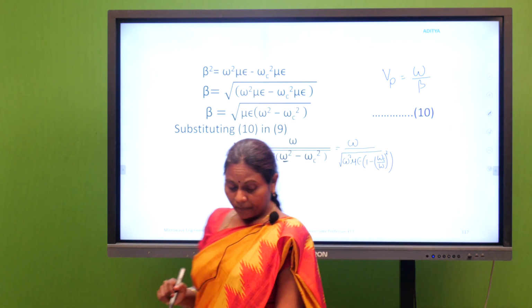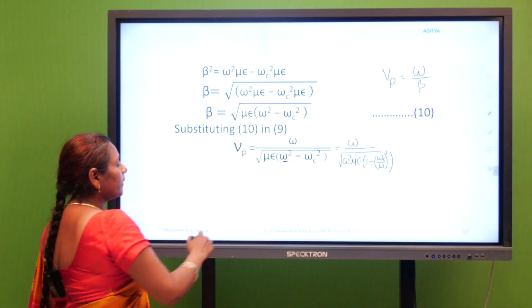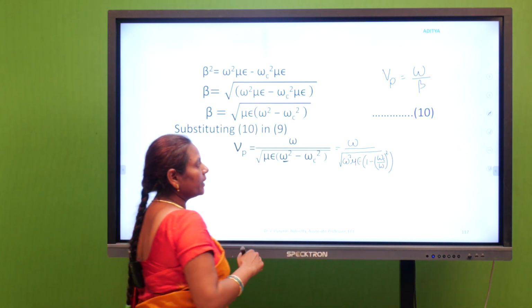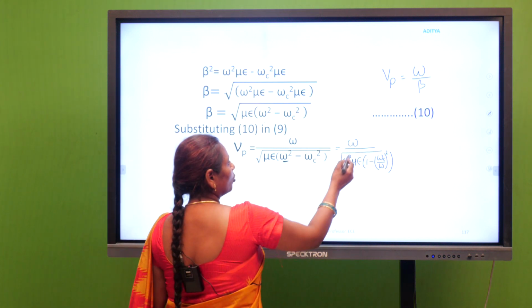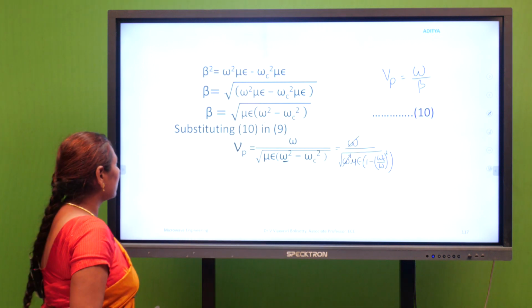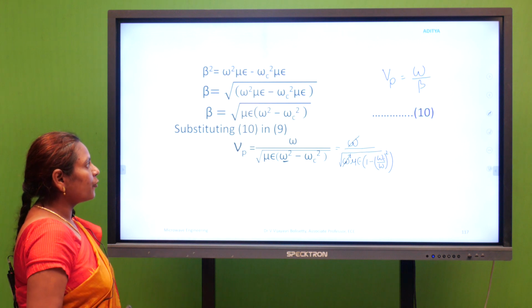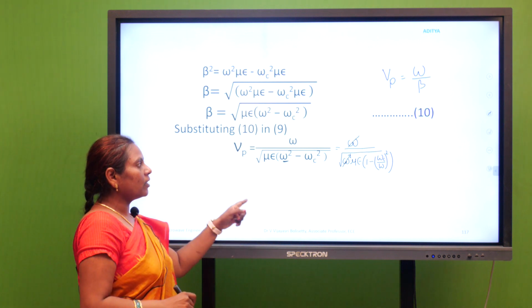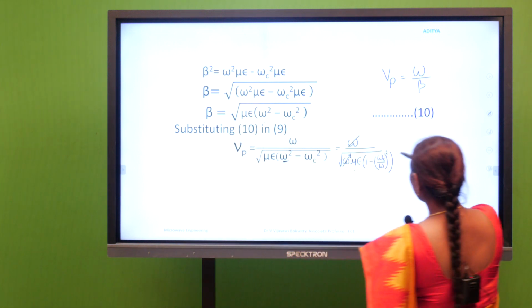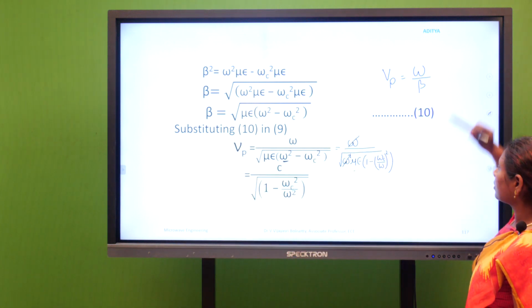So now in the root we have omega square and in the numerator is omega. So root omega square can be treated as omega, and this omega gets cancelled, and so we get the phase velocity Vp is equal to 1 by root mu epsilon times root of 1 minus omega c by omega whole square.